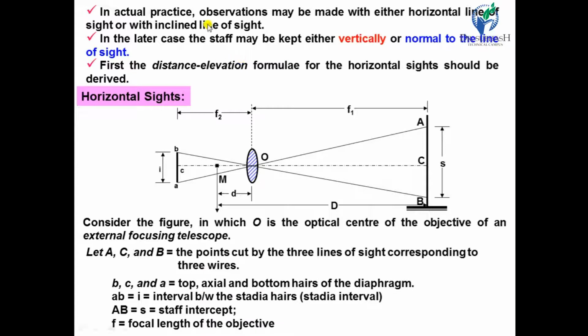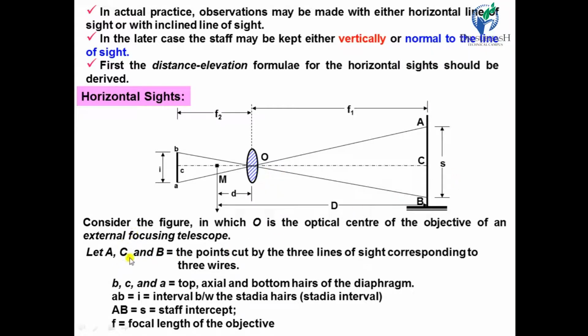Some notations have been given in the figure, and their illustrations are given at the bottom. These phenomena arise during our tachometric surveying procedure when the line of sight is horizontal and our staff is perpendicular to our line of sight.